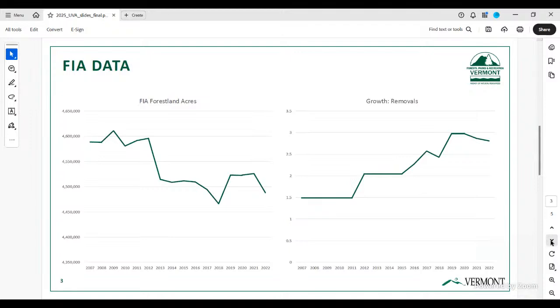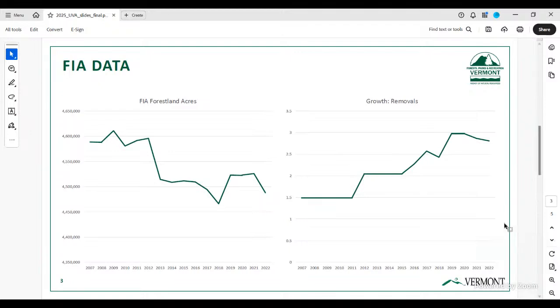And then our forest land acres and growth to removals. I do want to say, I realize that forest land acres line looks kind of scary. You have to be a little bit careful, it's actually a really narrow range on that vertical axis. So when you look at it over a larger period of time, it is actually pretty flat. It's just that shrunk in like that, it looks pretty significant.